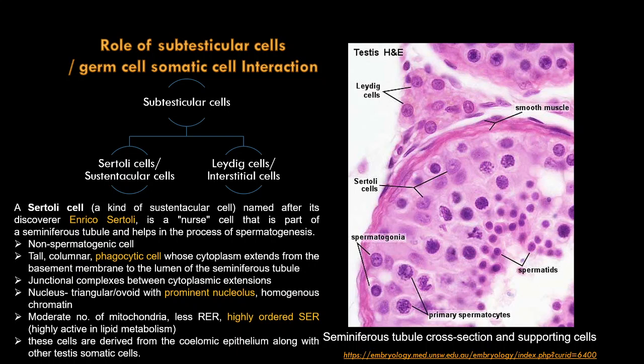The nucleus is triangular or ovoid in shape with a very prominent nucleolus and a homogeneous chromatin. There is a moderate number of mitochondria present, less rough endoplasmic reticulum, and highly ordered smooth endoplasmic reticulum. So we know, because there is a highly ordered smooth endoplasmic reticulum, that these cells are quite active in lipid metabolism.